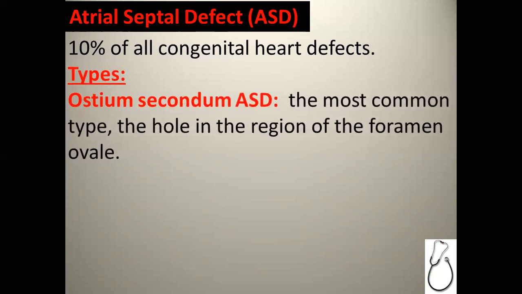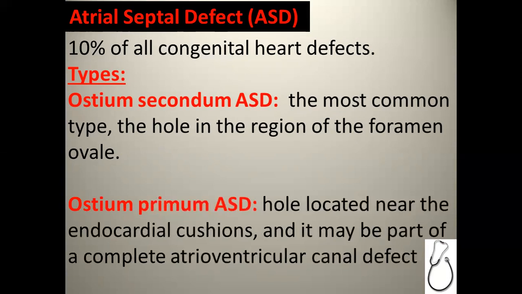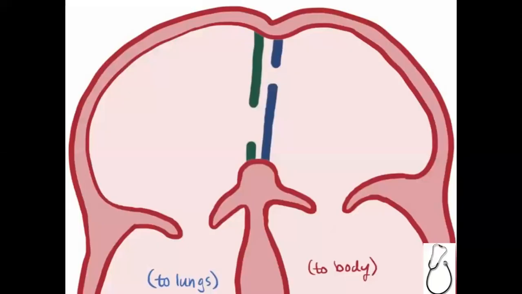Ostium secundum, which is the most common type, the hole in the region of the foramen ovale, and ostium primum, the hole located near the endocardial cushions, and it may be part of a complete atrioventricular canal defect.